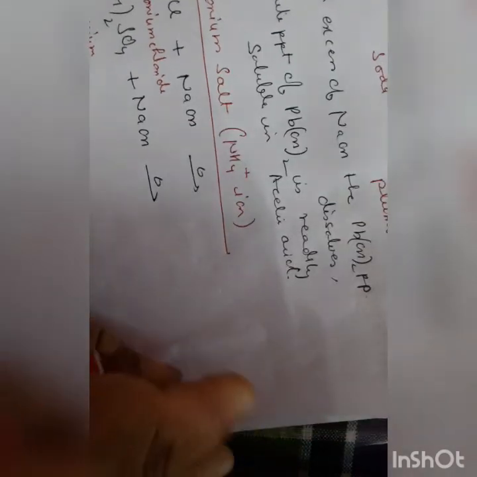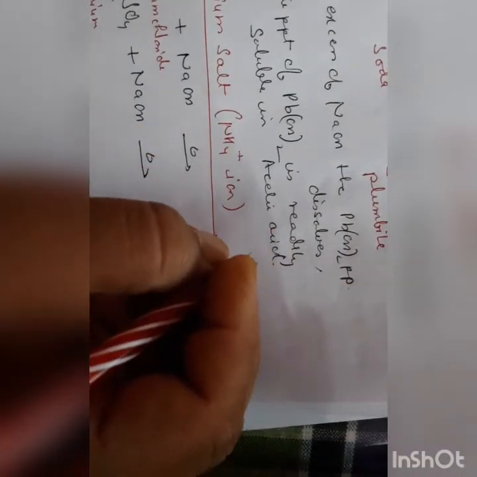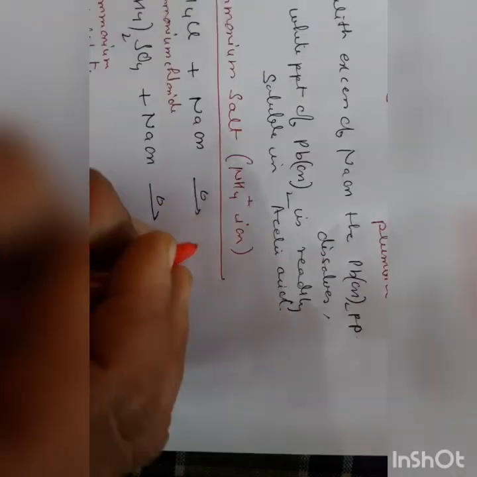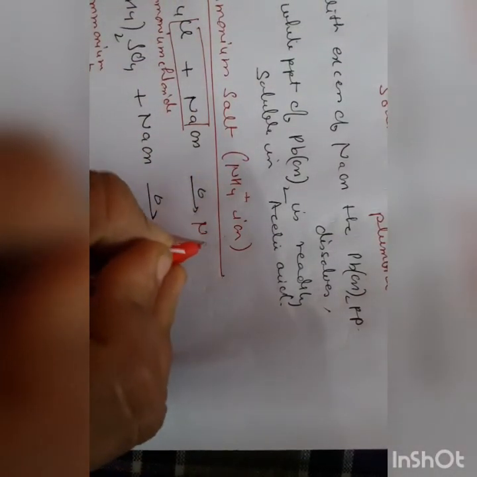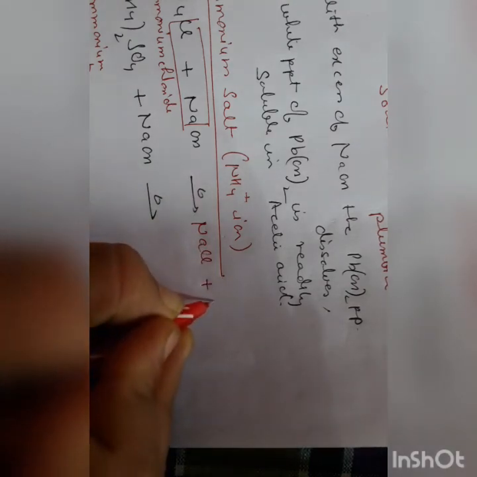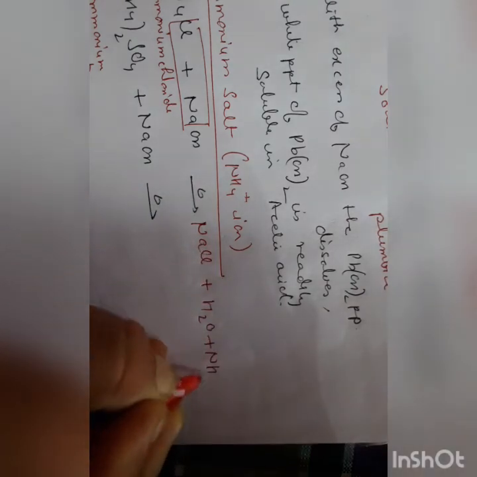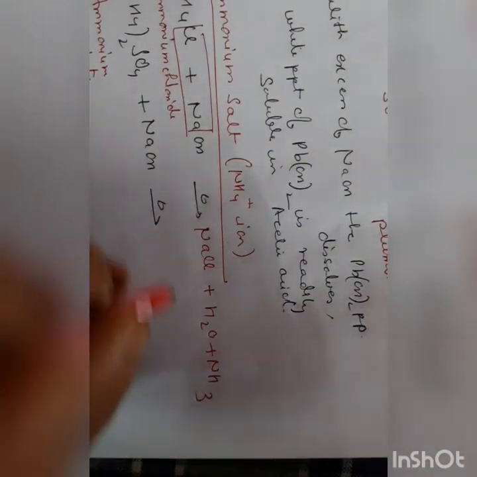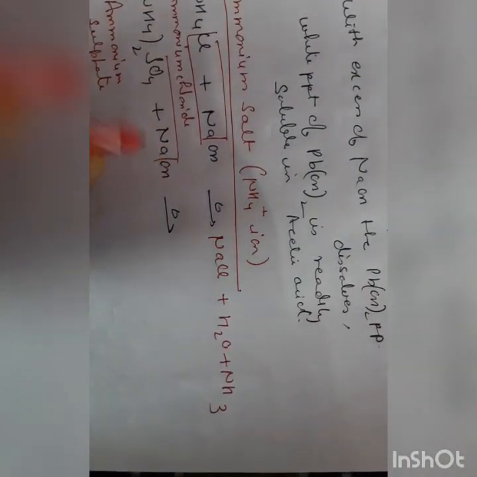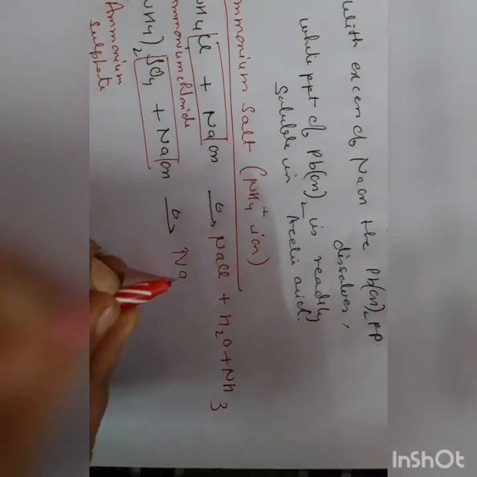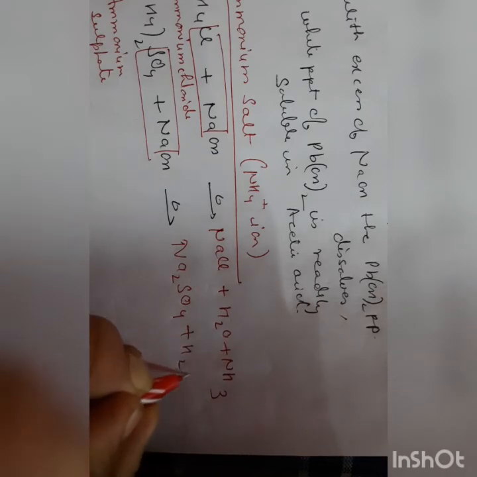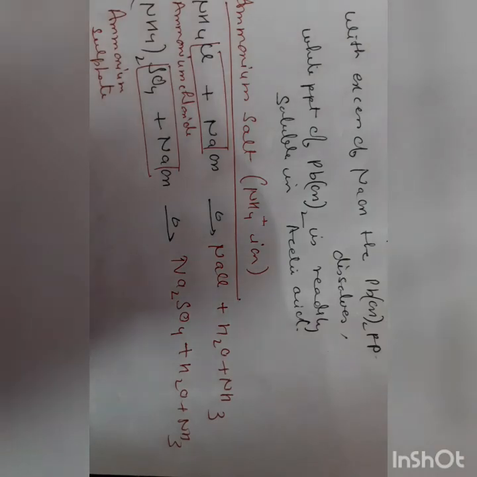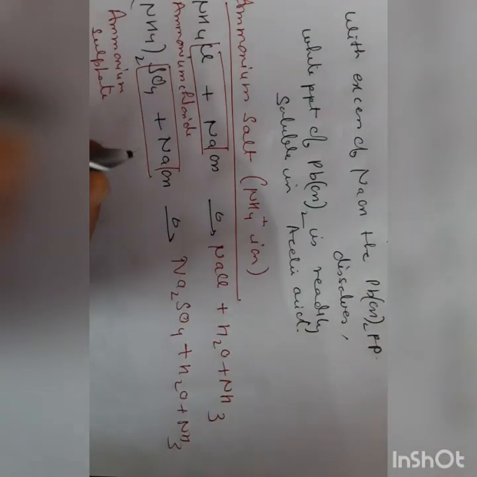In the first equation we will get NaCl plus water plus ammonia. In the second equation we will get sodium sulfate plus water plus ammonia. Balance here.